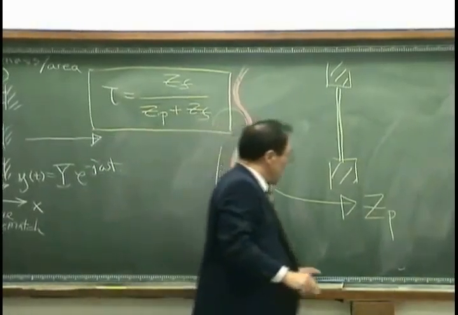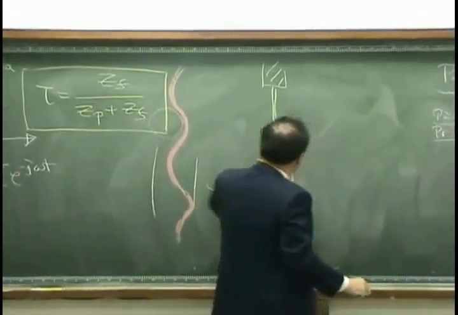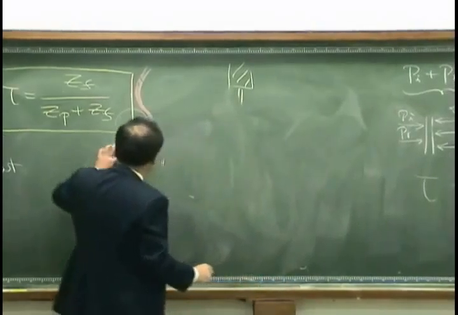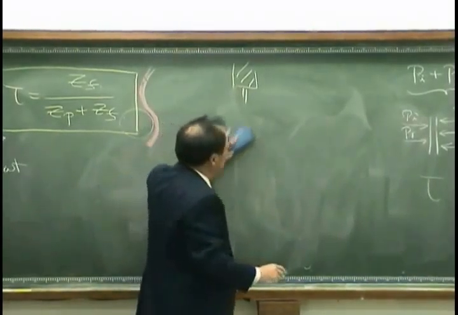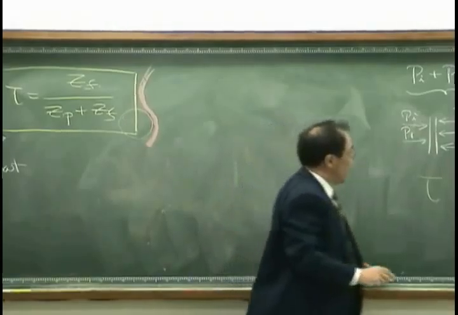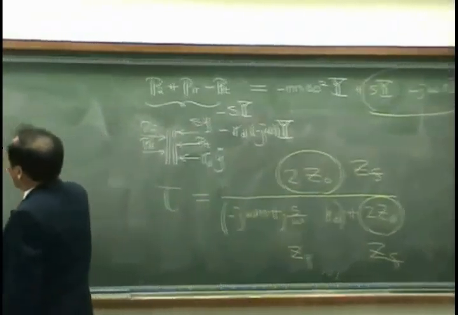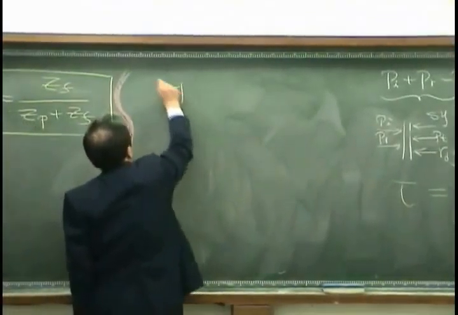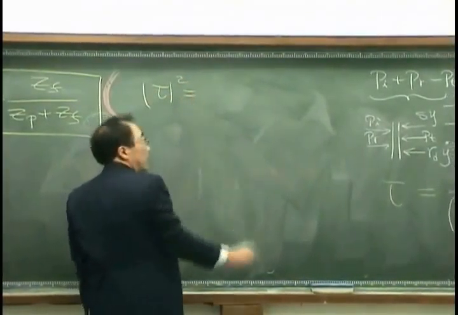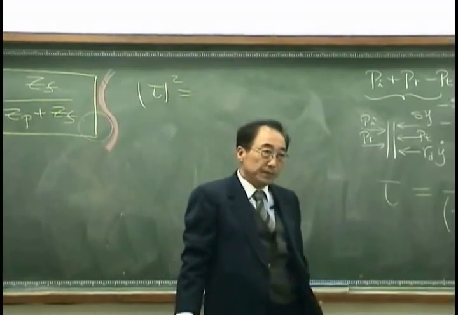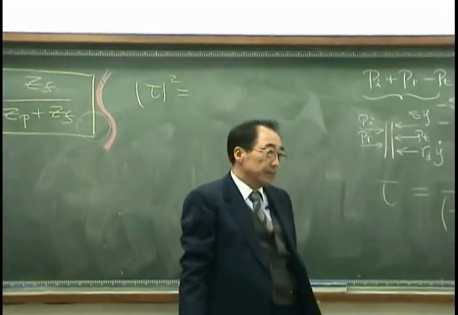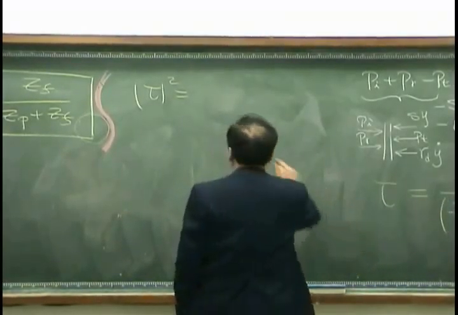Now let's look at the detailed physical implication of the formula we have over here. Okay, what about the magnitude square of the transmission coefficient? That will be what?